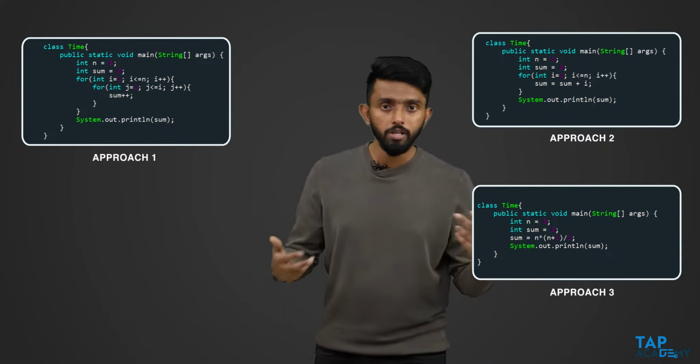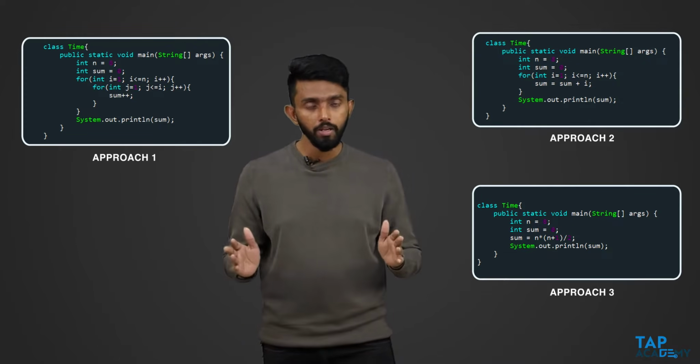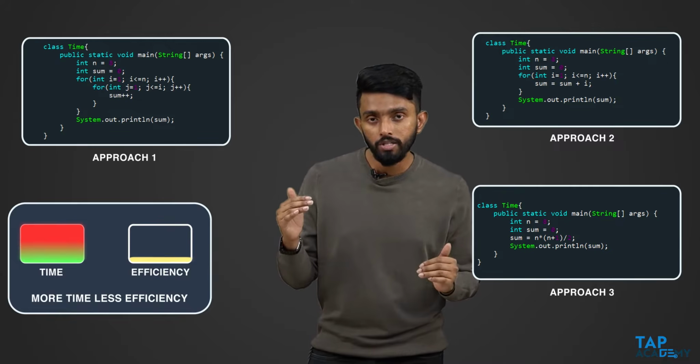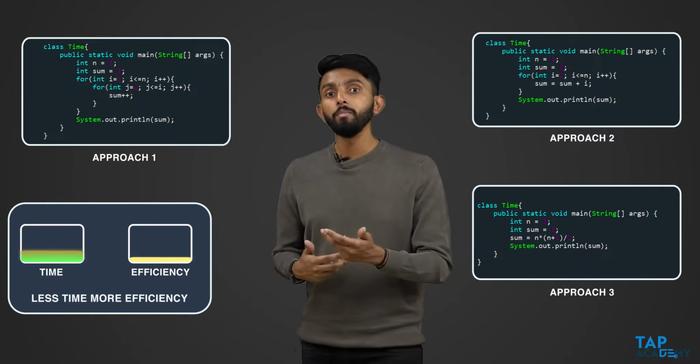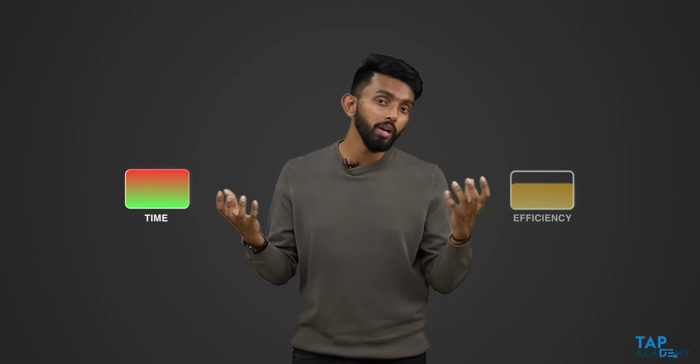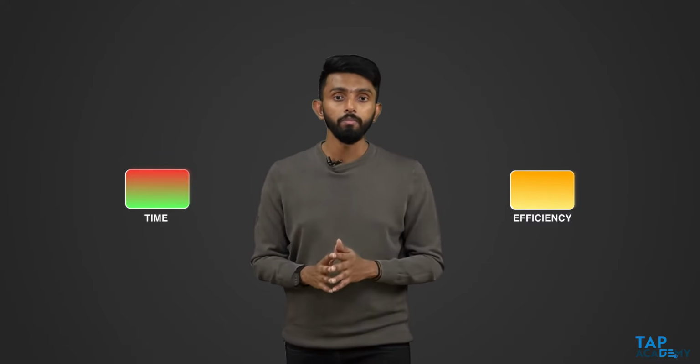So, a very simple calculation if you do, tell me, more time means less efficiency. Less time means more efficiency. I hope you're able to think. The time taken for a program to execute and the efficiency are inversely proportional. I hope you're able to understand. More time, less efficiency. Less time, more efficiency.